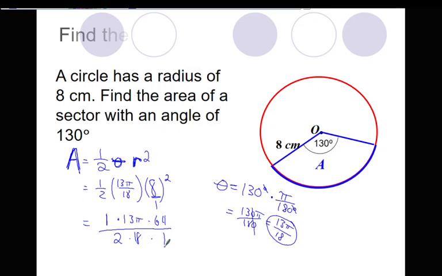Because I can start reducing my fraction here before I start multiplying. So a lot of my students would sit there and multiply 64 times 13 and then the 2 times the 18 and then start reducing. But because these are just numbers being multiplied and divided, I can actually reduce my fraction this way to make it easier. For instance, 2 divided by 2 is 1, 64 divided by 2 is 32.